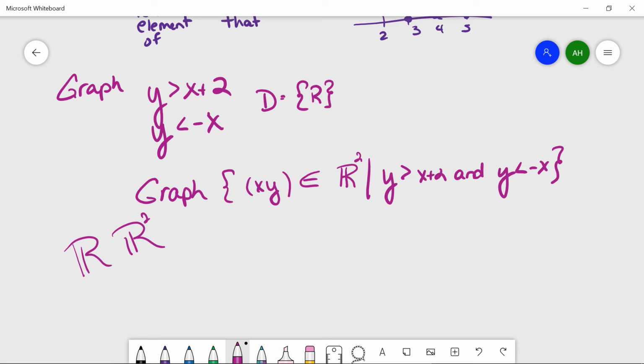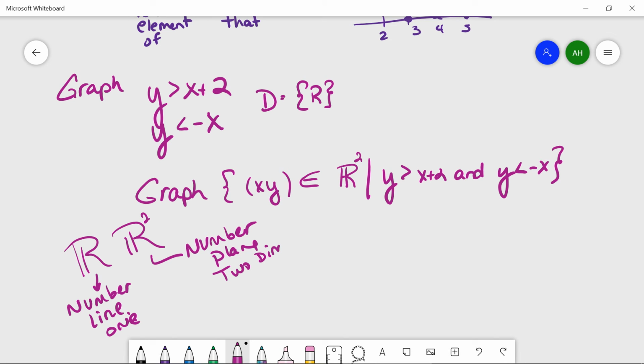Okay, so this right here is what we're going to call the real number plane, where this right here is that number line, the one-dimensional. One-dimensional, two-dimensional.